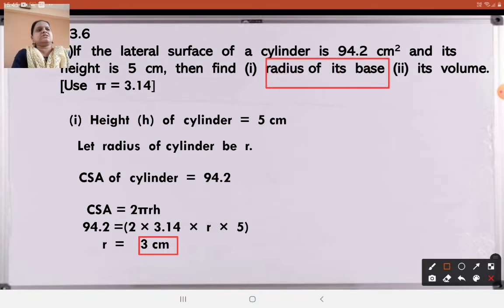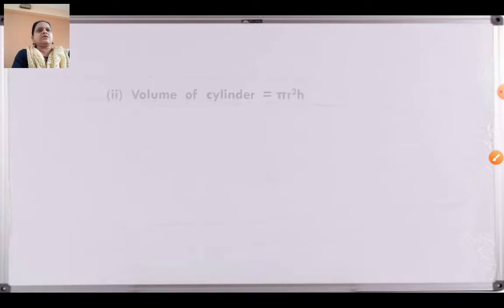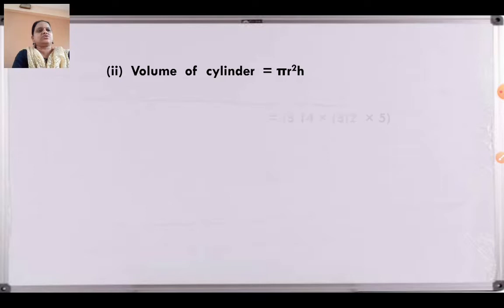Now let us see the second part, find its volume. Yes, now we know the r value, we know the h value. So volume of a cylinder equal to pi r square h.